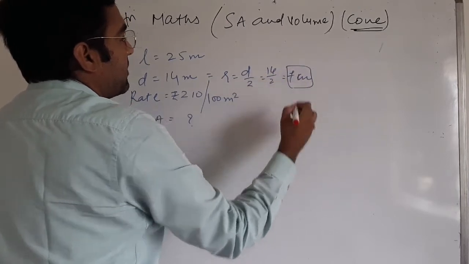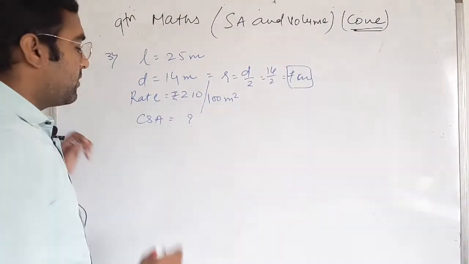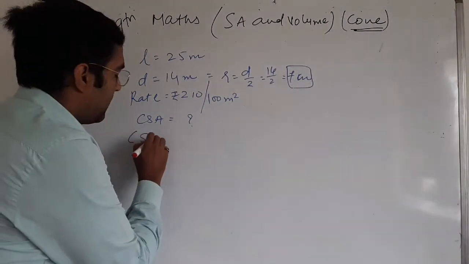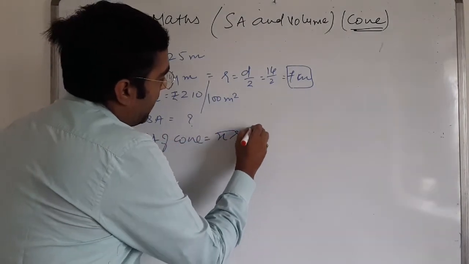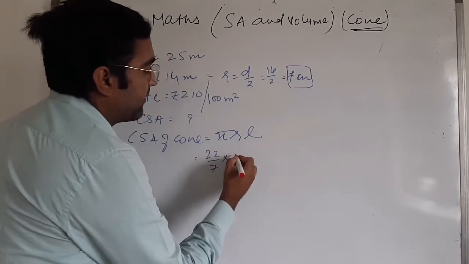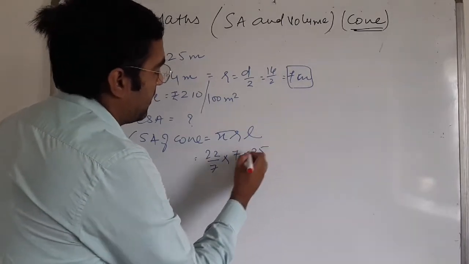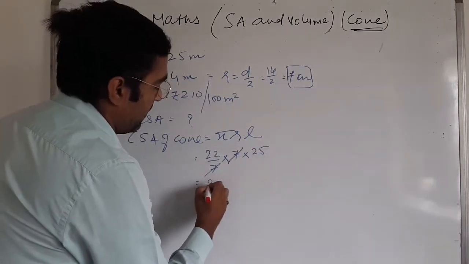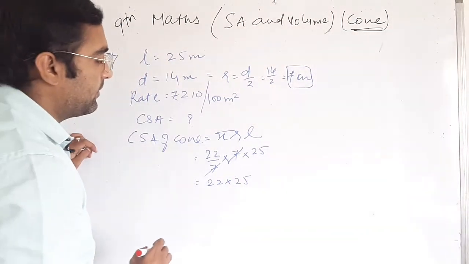The curved surface area of the cone is pi r l, pi is 22 by 7, radius we found is 7, and slant height is given as 25. The 7s cancel out, so 22 into 25 is the answer.